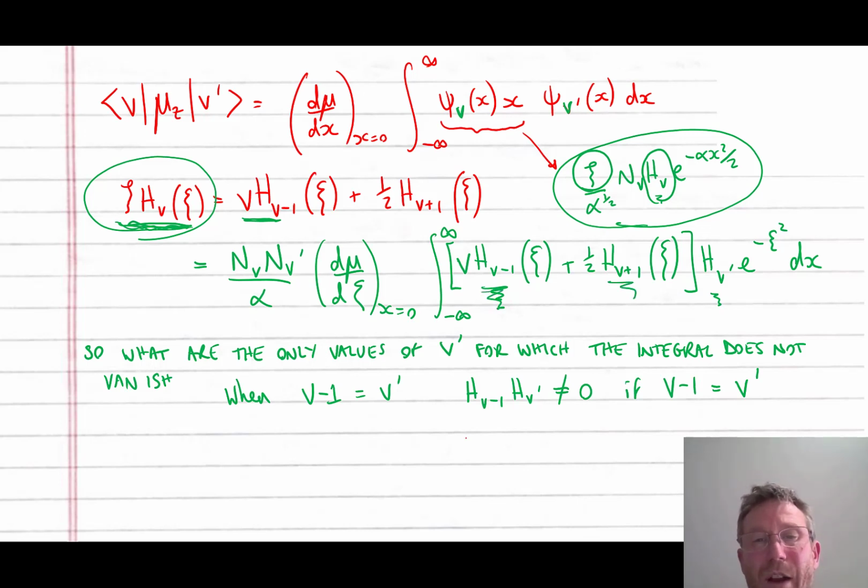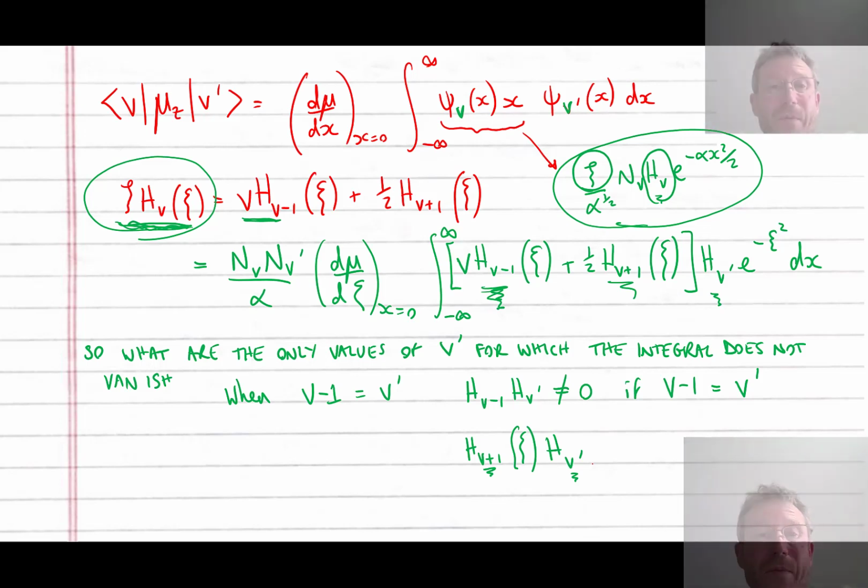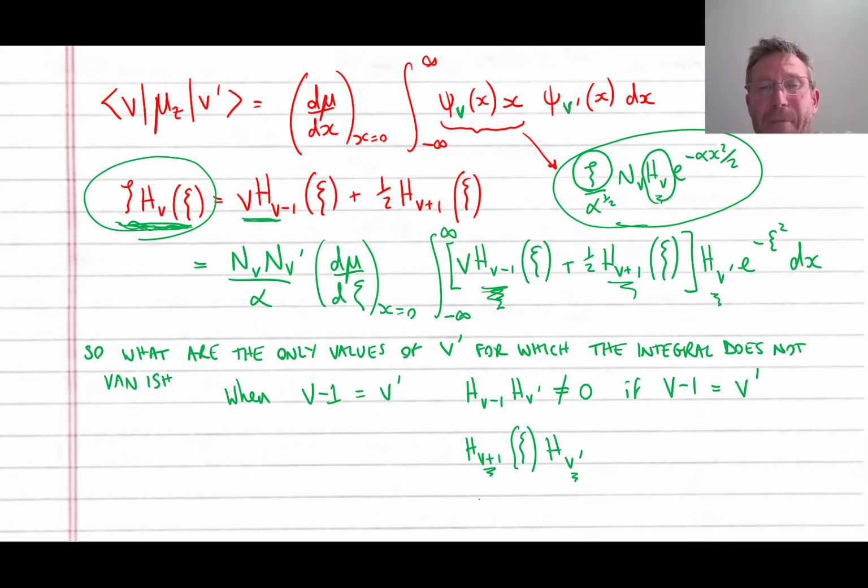The second part of the integral, I've got an H_(v+1)(xi). When that multiplies by H_v', orthogonality would say if v plus 1 and v' were different, then that would be equal to 0. So the only values of v and v' for which the integral does not vanish is when v plus 1 must be equal to v'. What does that tell me?